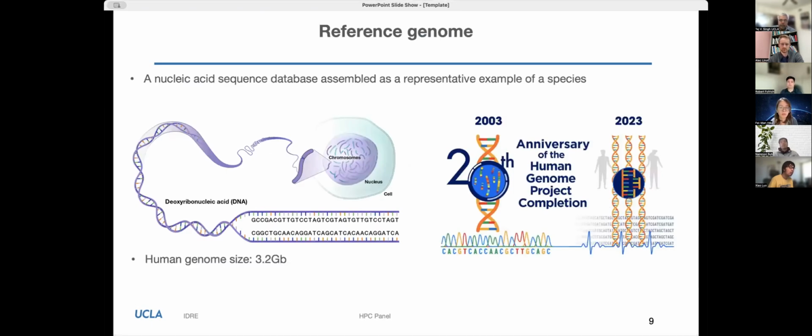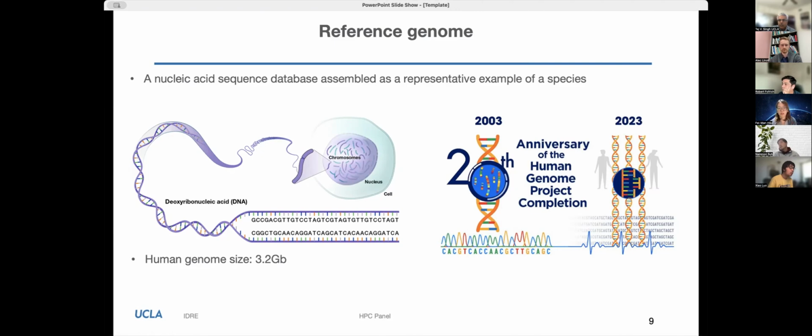So it's just a basic concept about the reference genome. You may know DNA, for every organism, we have a set of DNA, short for deoxyribonucleic acid. So a reference genome is the sequence database assembled as a representative for a specific species.